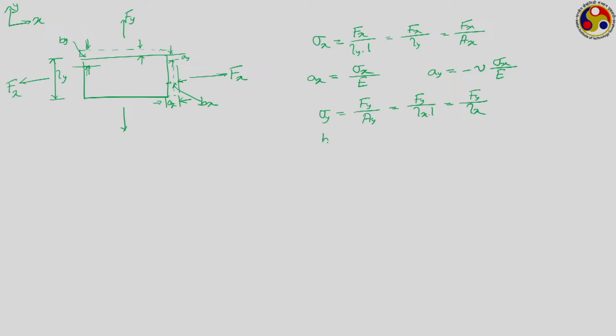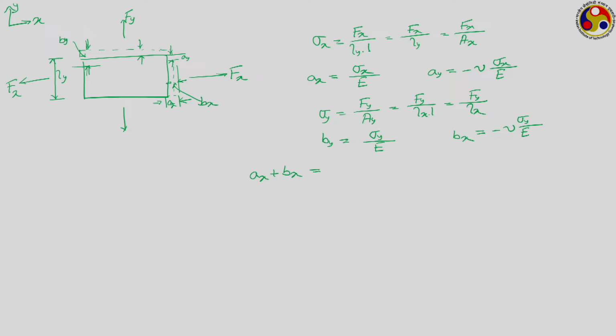So, how much will be your B y? B y will be equal to, very straightforward, we know it can be written as sigma y upon E. Similarly, how much will be B x? We can make use of the idea of the Poisson's ratio. So, it will be minus nu, that is Poisson's ratio, into sigma y by E. So, how much is the net change of dimension in the x direction then? There was initially an A x increase because of the presence of force in the x direction or force F x, plus there is a further B x change because of the F y.